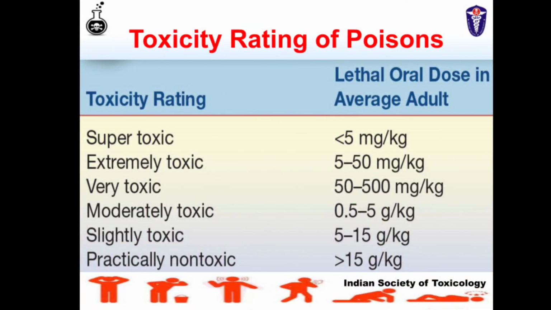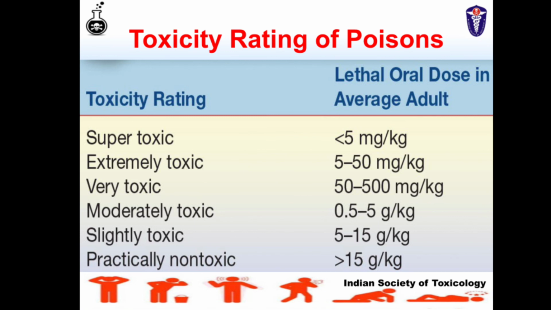This is a table that shows you the toxicity rating of poisons. This is not really all that satisfactory because there are so many kinds of poisons which may be difficult to fit into one or the other of these categories.